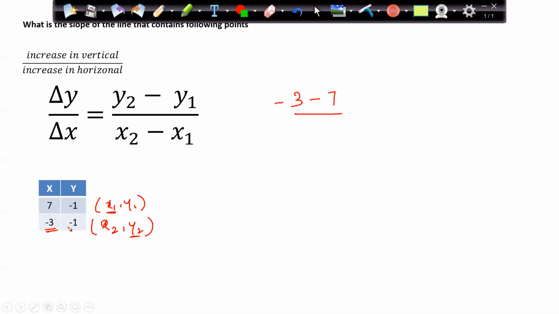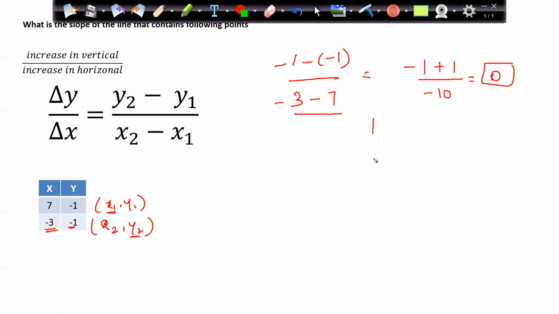My y2 is -1 and my y1 is minus of -1. So that is -1 plus 1 upon -10. 0. Interesting. 0. That means there is no slope.